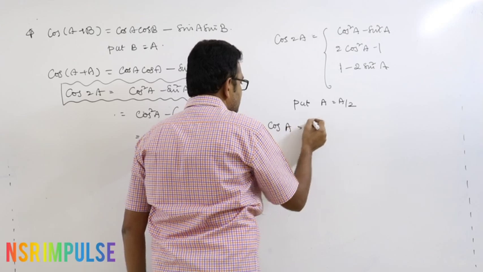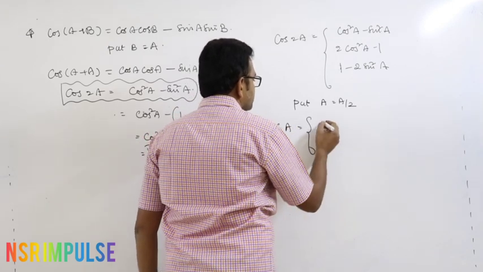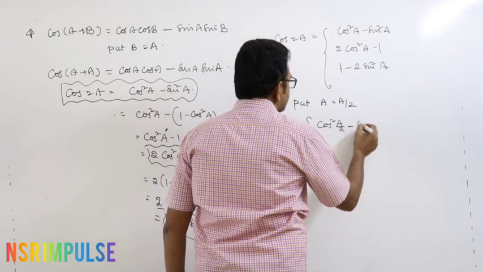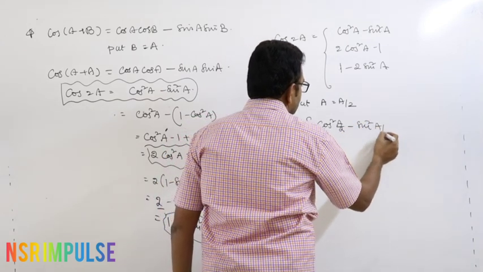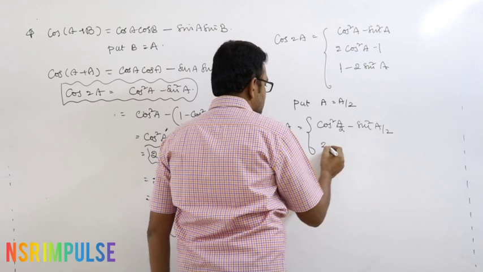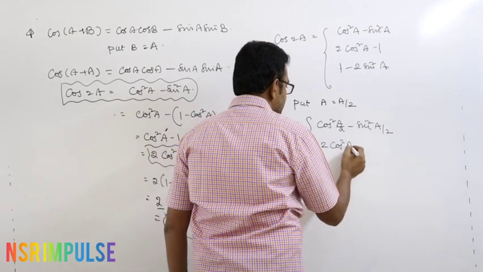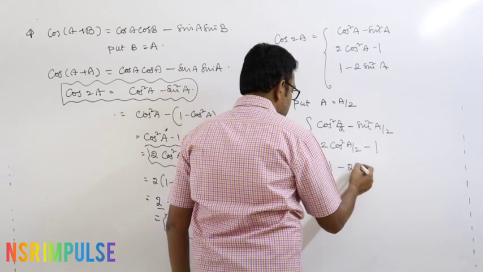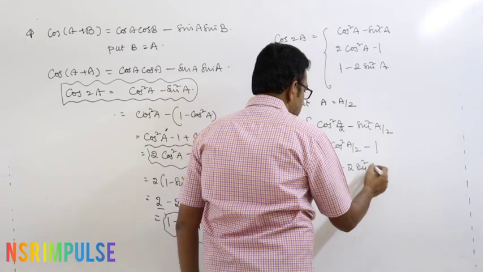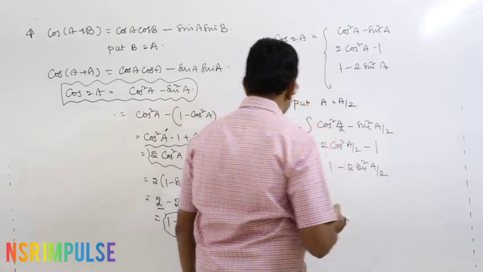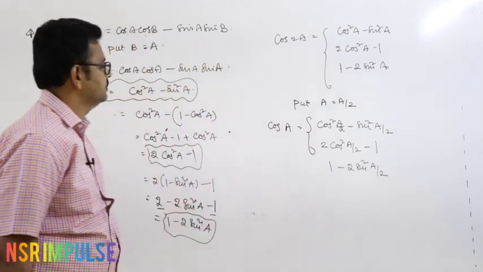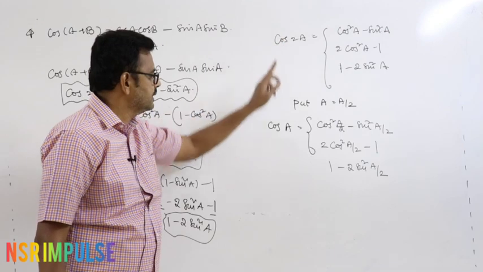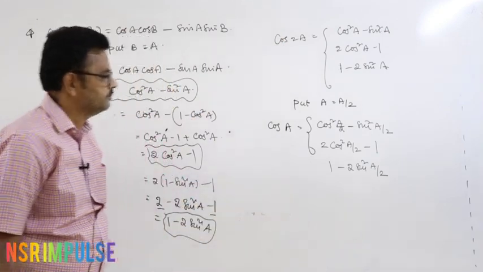This is cos a is equal to cos square a by 2 minus sin square a by 2, or 2 cos square a by 2 minus 1, or 1 minus 2 sin square a by 2. So these are the formulas for cos 2a. From this you are getting cos a.